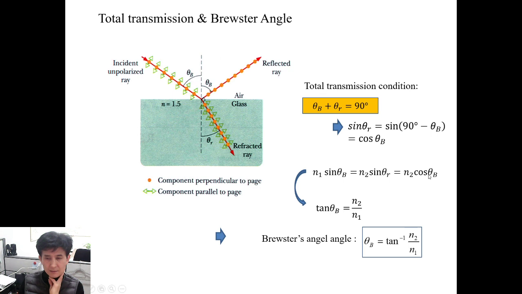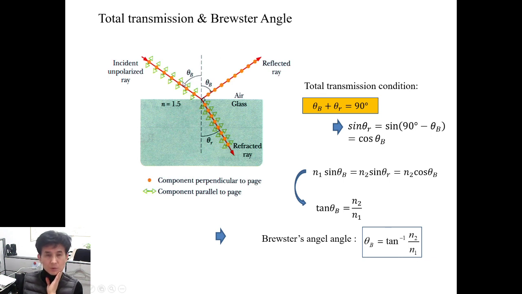Then if I divide both sides by cosine theta b, it becomes tangent theta b equals n2 divided by n1. So this is the Brewster angle condition, where tangent theta b is equal to n2 over n1.